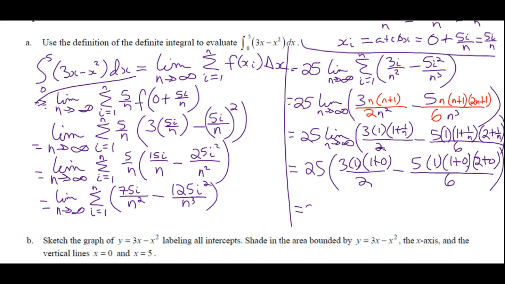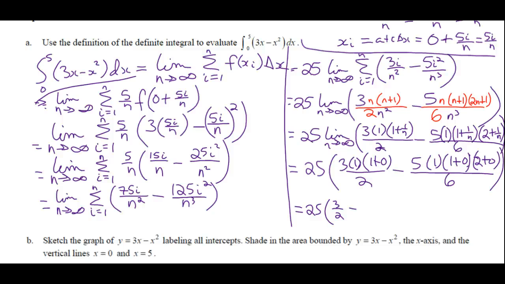And that's 25 times. Okay, so we've got 3 times 1, which is 3 over 2, minus 5 times 1 times 1 times 2, which is 10 over 6, right? You know what?